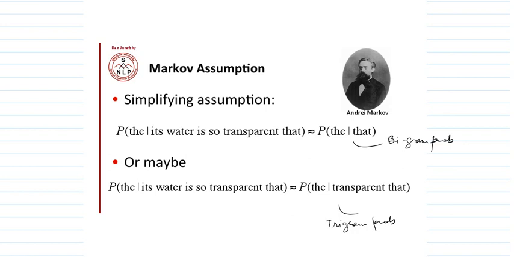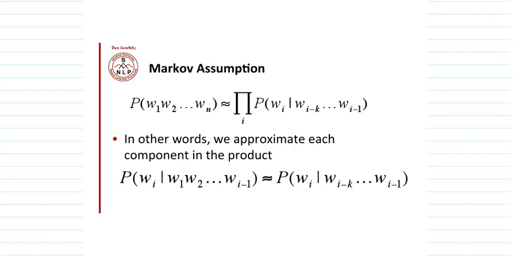So in place of a long sequence, we just assume that the probability of the word is conditioned on only a single word, or 2, 3 or 4 words, not the complete length of the sentence. And we can see that this is working quite well, and it simplifies our job of calculating the probabilities.